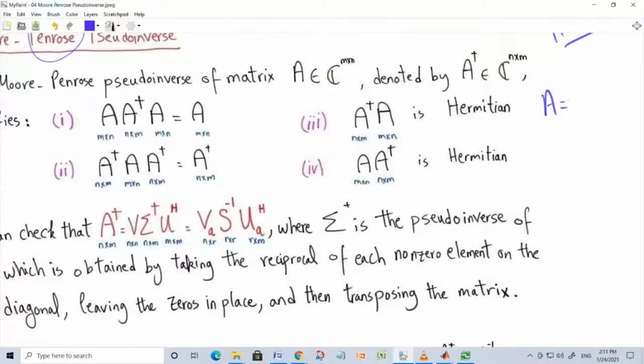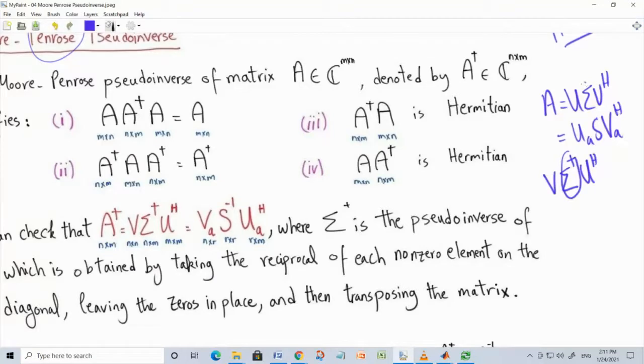Matrix A is U sigma V Hermitian, or if you use the reduced SVD, it's U_A S V_A Hermitian. You can show that if you define a matrix as such, you take V, then the pseudo inverse of sigma, which I will explain shortly, and then U Hermitian.